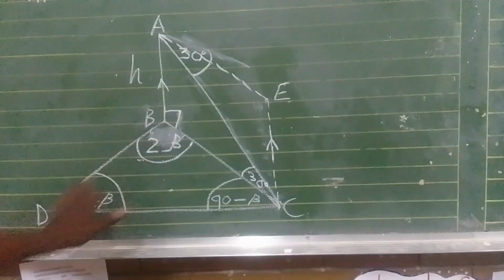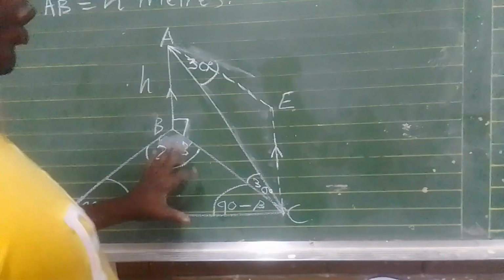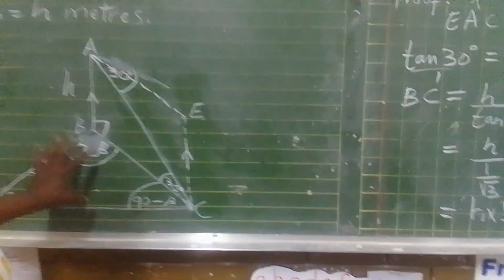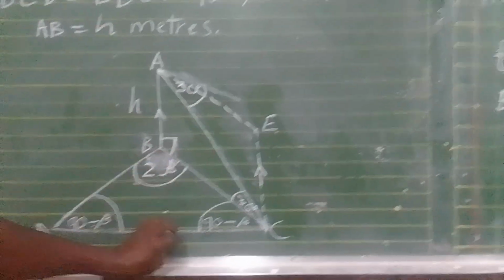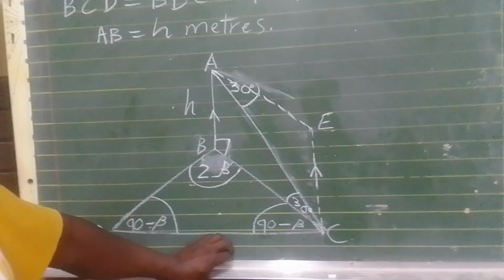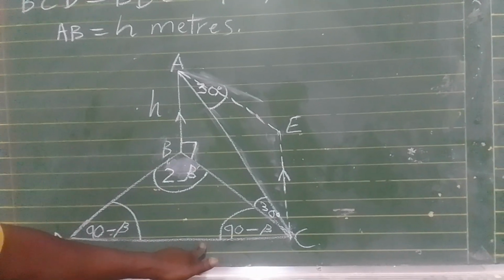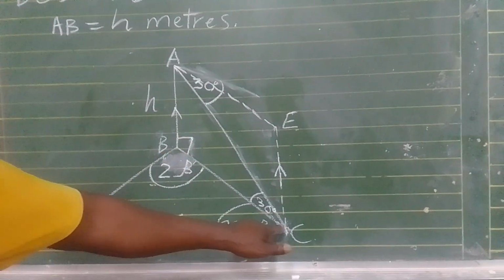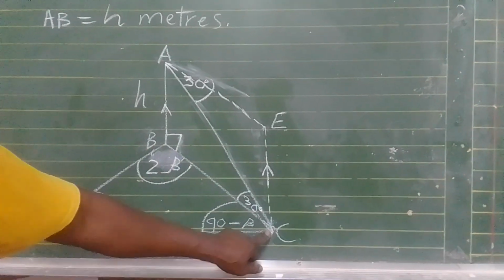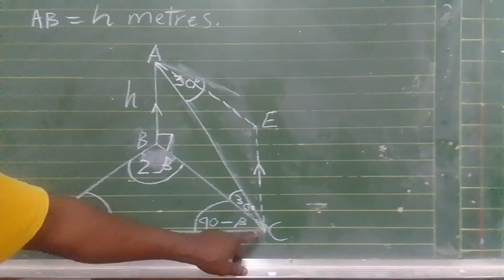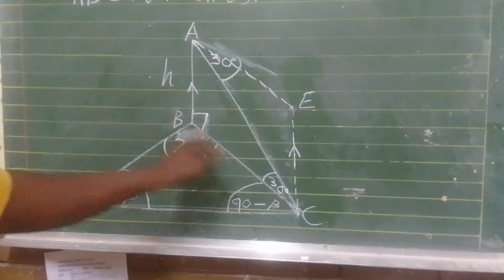Now, it's clear that we are working on triangle BDC. So, if we can use sine rule here, we want this side. So, we can take this angle with the opposite side of this angle. Where is DC? Is here. We can take this one with the opposite angle of this, or we can take this one with the opposite angle of this. Either one of them, as long as we have 90 minus, because this is 90 minus, the opposite of it is BC.